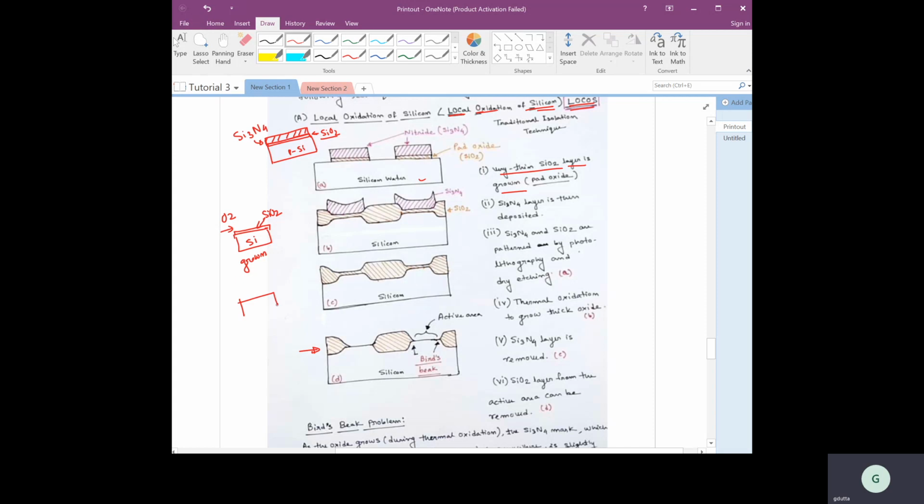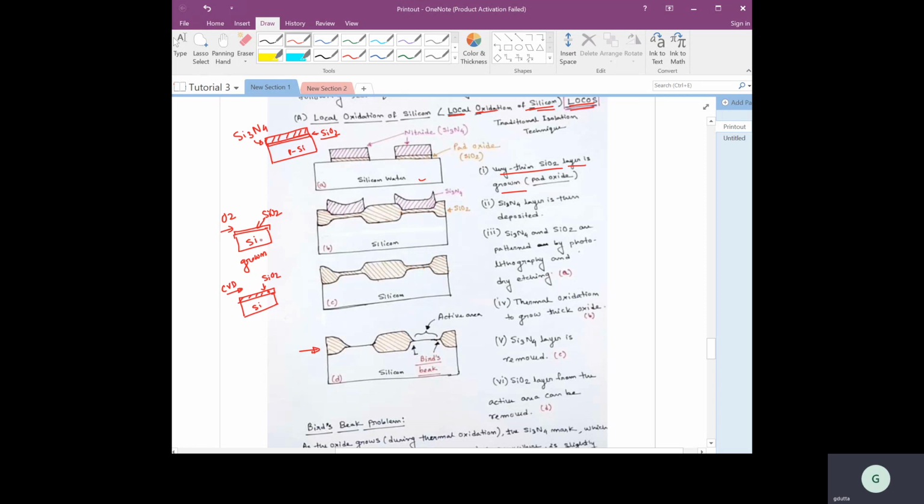Whereas you have this silicon, and suppose you are using the CVD technique. In CVD, chemical vapor deposition, you are using some chemical process, the chemical reactions are formed and silicon dioxide is being deposited on top of it.